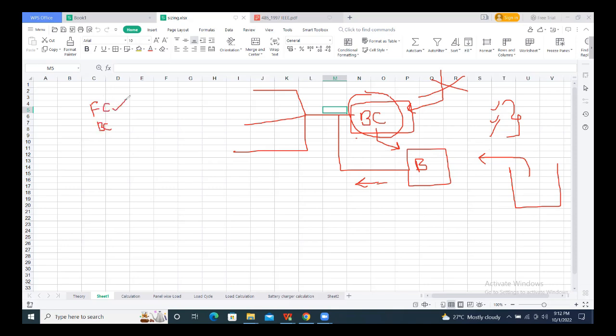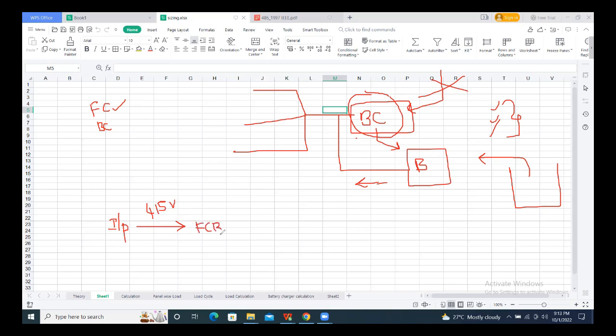What is a float charger? Suppose this is my input power of 415 volts. This 415 volts input power is given to my float cum boost charger.